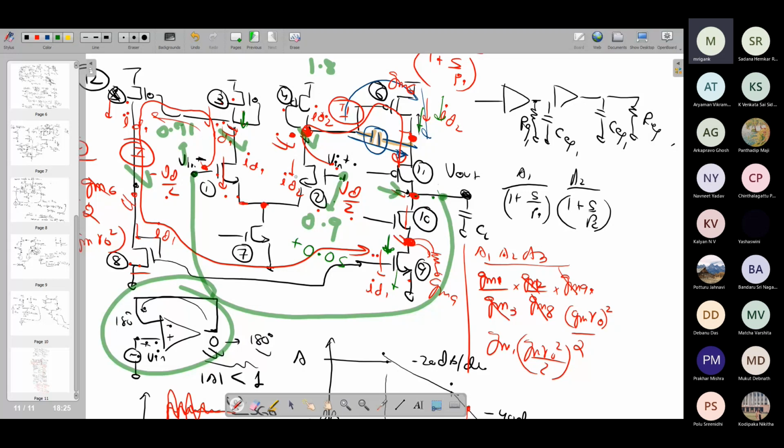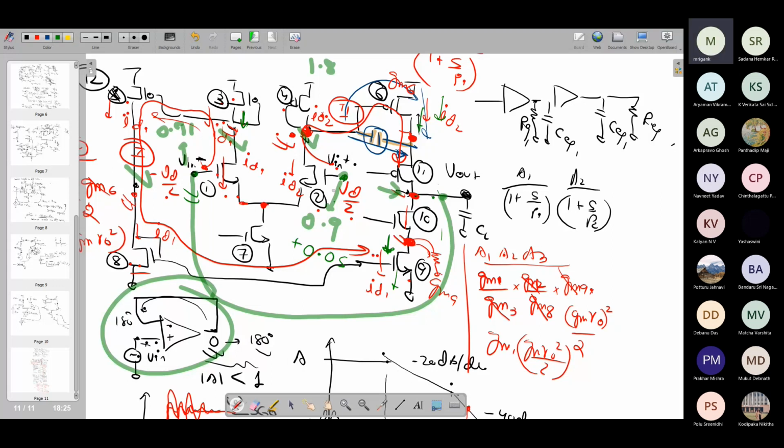Only at that point the small signal currents will basically cancel out and settle, right? That part is clear, that how the small signal current flow is going to make sure that this terminal tracks the DC potential at the input. Is that clear?